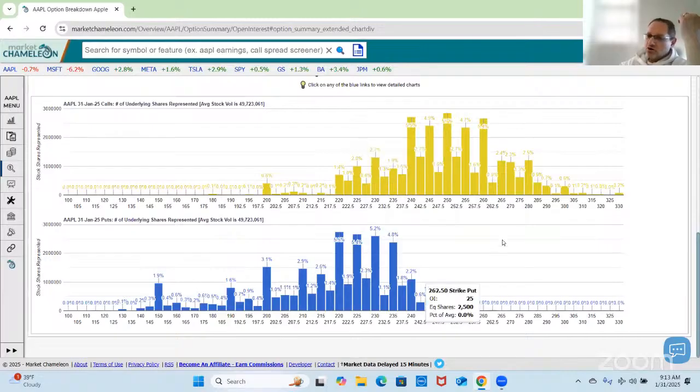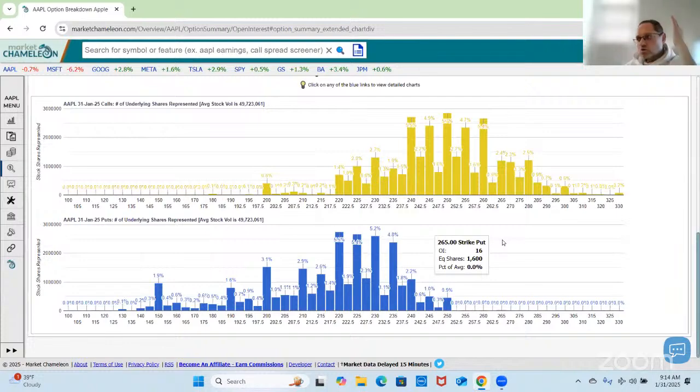And if all that open interest converted to stock, let's just say the stock is in the money, and all these options become assigned at expiration, that means that it gets converted to stock, right? One contract gets converted to 100 shares of stock.